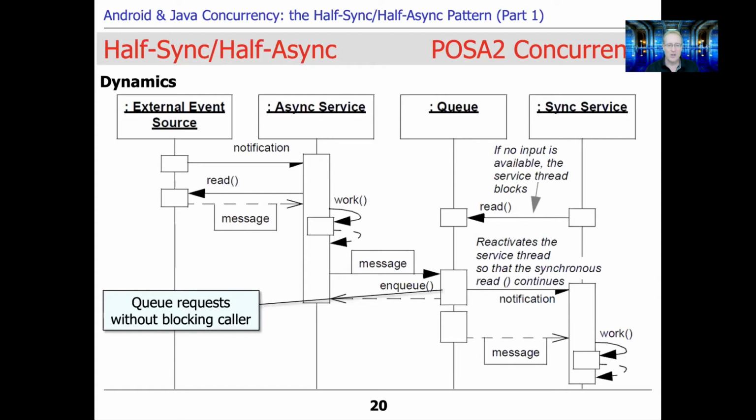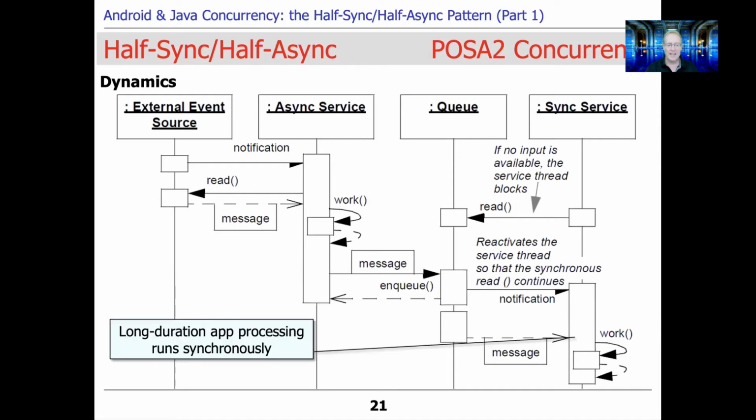It's going to be done asynchronously. Then you can queue requests without blocking the caller in order to pass information from one part of the requesting chain to the other. And then any long-running application processing will run in the synchronous service portion, which in our case is going to be within a pool of threads that's managed by the underlying async task framework that Android provides.